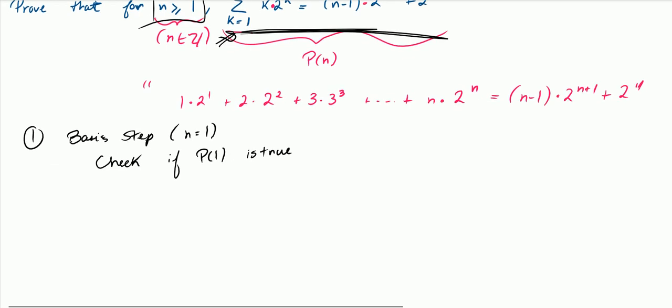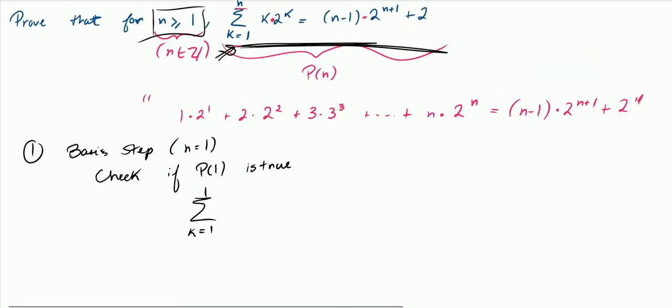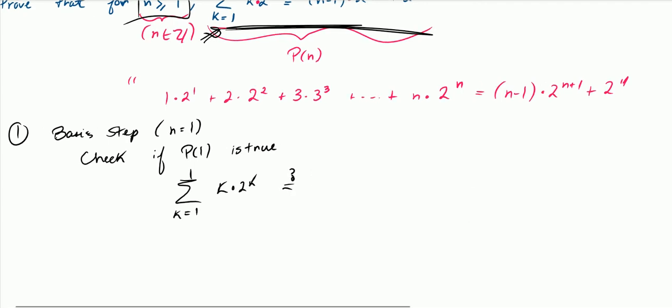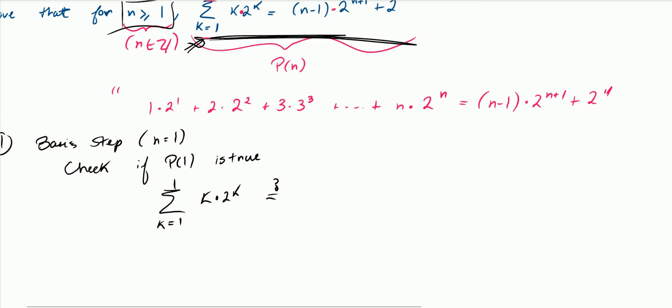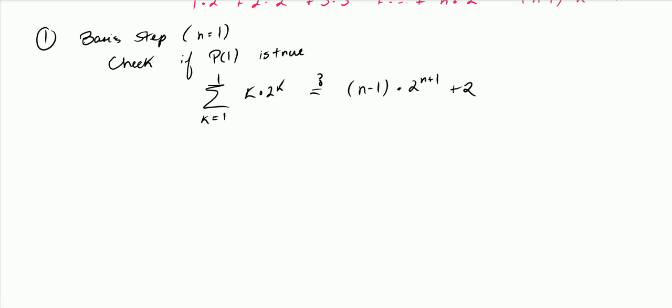In this case, it's sigma k equals 1 to 1, since n is 1, of k times 2 to the k, and I want to see if that's equal to (n minus 1) times 2 to the n plus 1, plus 2. I'll do my left hand side and my right hand side and see if they're the same.